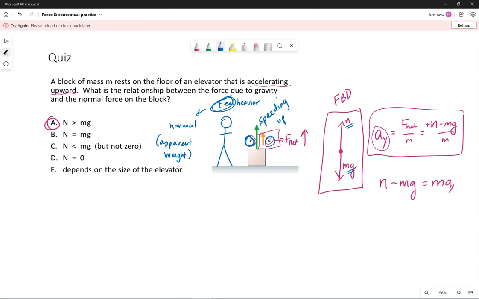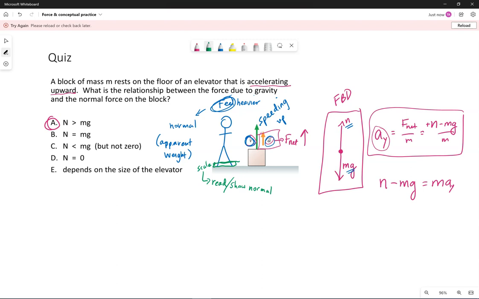For example, if we were standing on a scale in the elevator, it would be the scale that was producing the normal force instead of the floor of the elevator. The scale would read or show the normal force. The scale is showing how hard you're pushing down on it because that's how hard it has to push up on you.